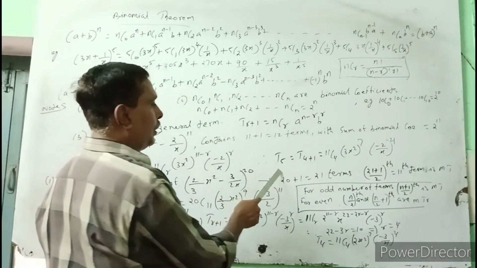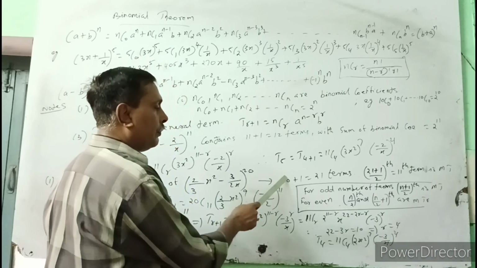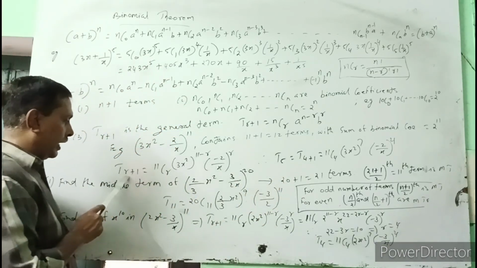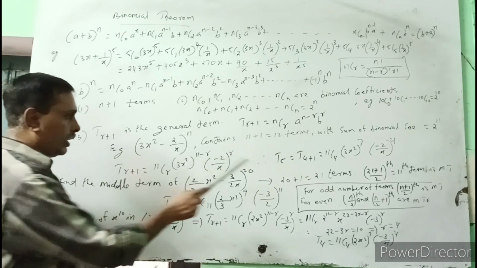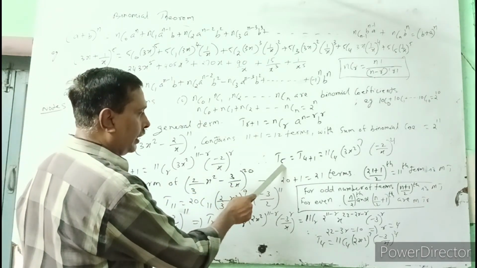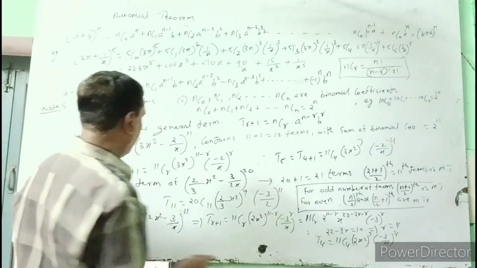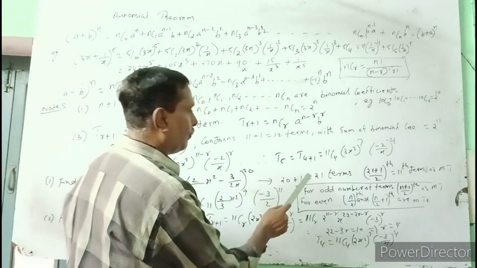Now if I want to find T5, I will put R as 4, because R plus 1 is there, so whichever term you are going to find, you have to reduce 1 from there. That is why 5 can be written as 4 plus 1.